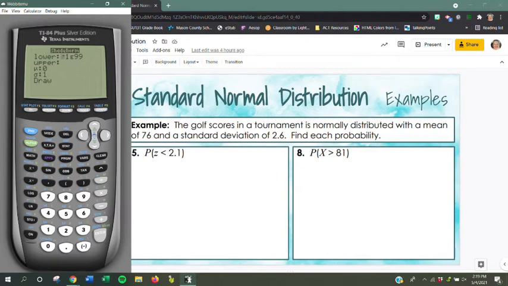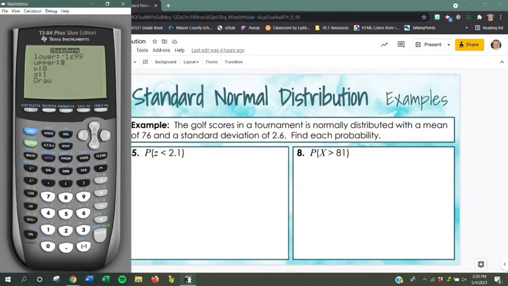So I'm going to show you how to type this in. That -1e99 means negative infinity. To type that in, you would type -1, then you would hit second and comma, which is above the 7 to get that little e, and then 99. That means negative infinity. If you wanted positive infinity, you would just type it without the negative.